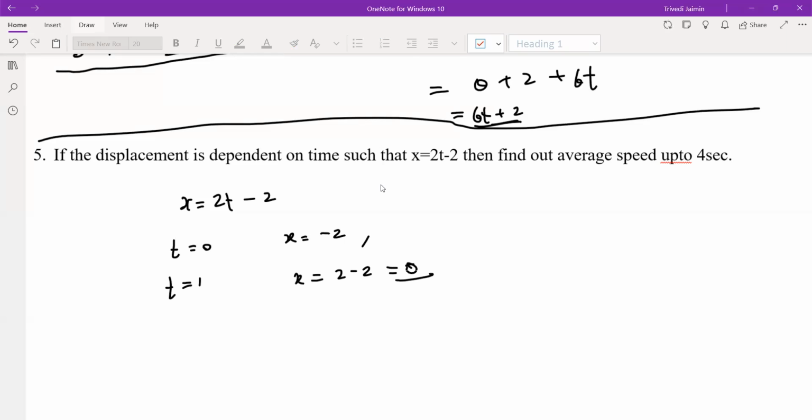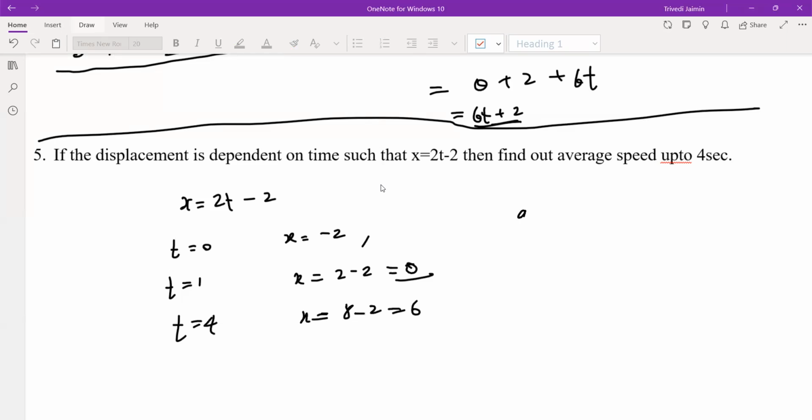Until we get 0, we can substitute. Then t equals 4, then x equals 8 minus 2, which is 6. So total distance by total time.